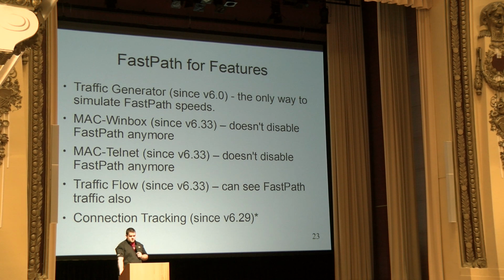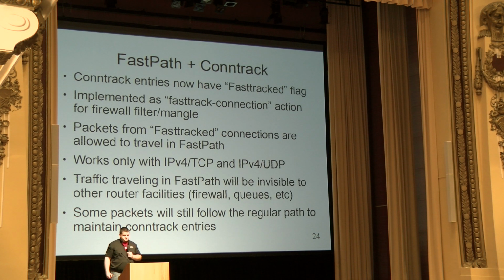And the most important change, I would say, since the announcement of the CCRs, I think is connection tracking FastPath support. FastPath plus connection tracking, basically we call it Fast Track.